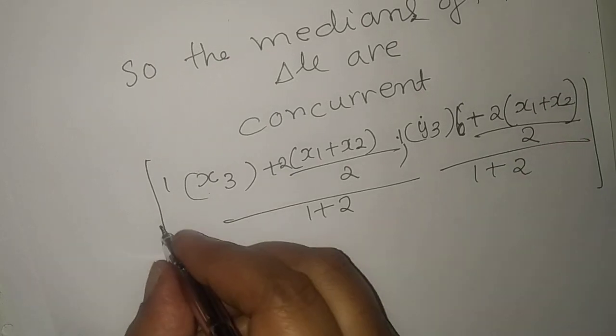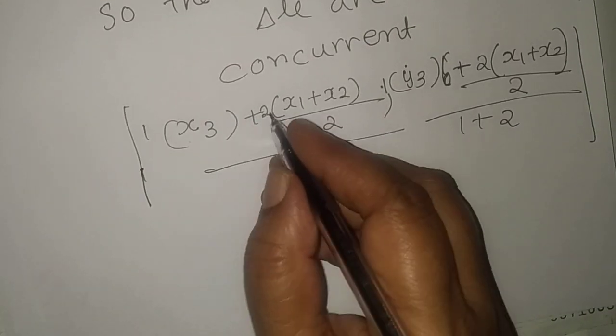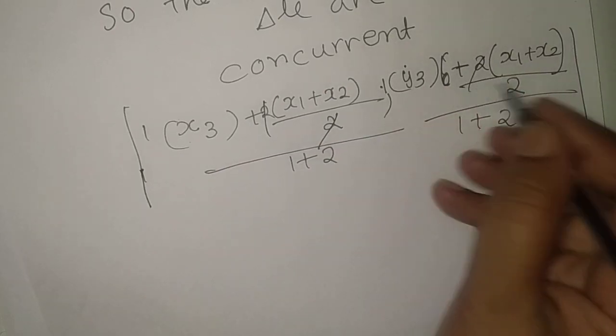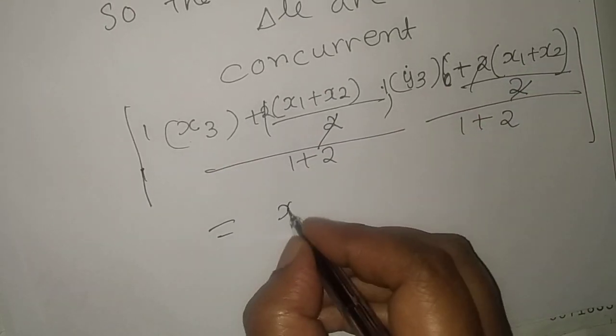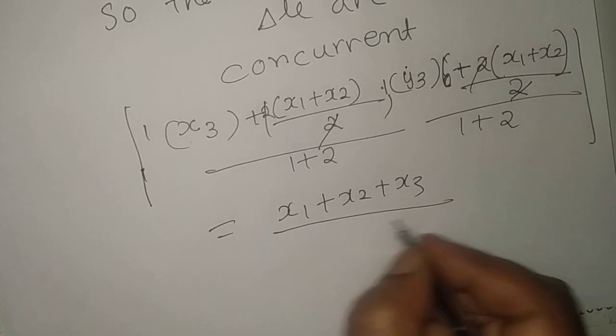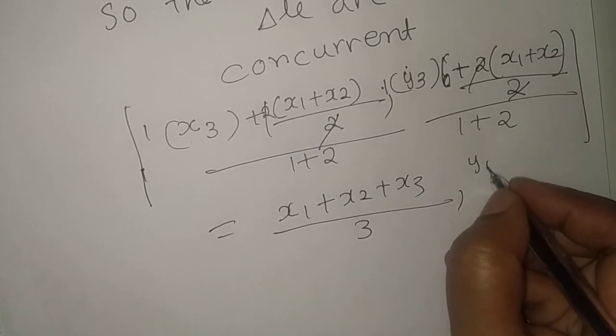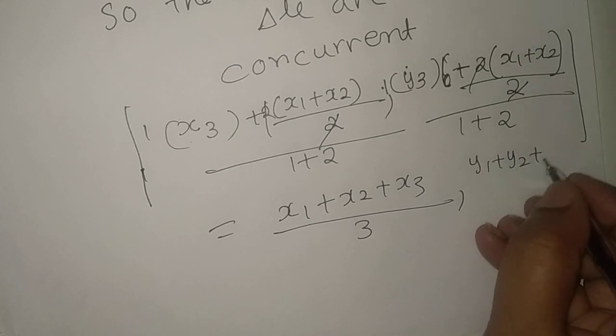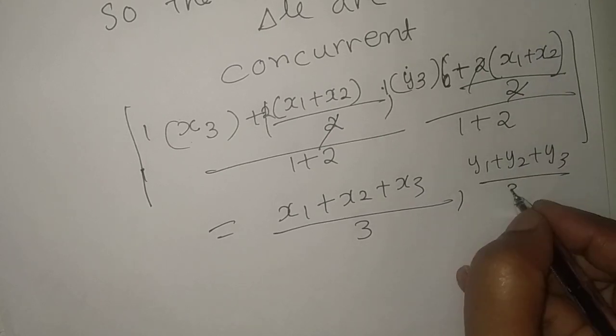In every case we have not substituted, I am just showing. 2 cancels, 2 cancel, again we get x1, x2, x3 by 3, then y1, y2 plus y3 by 3.